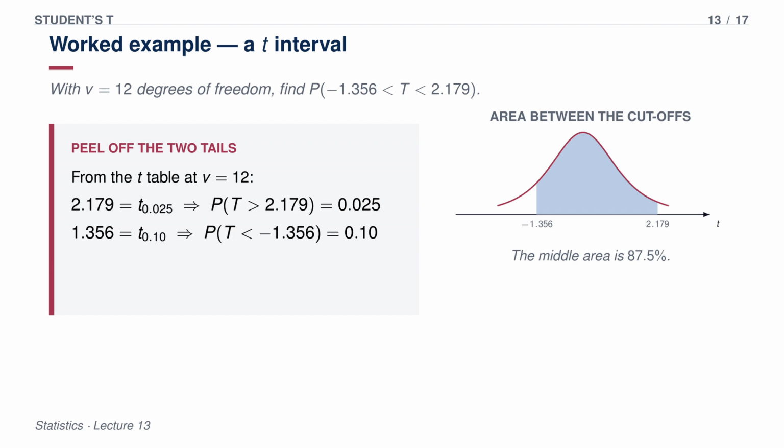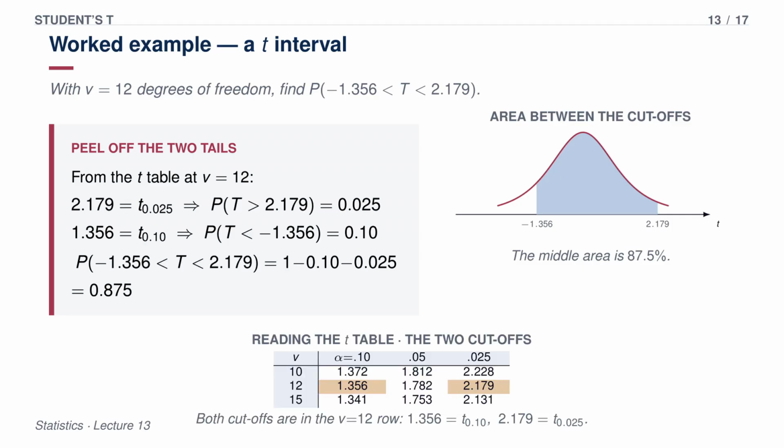And 1.356 is t0.10, so the probability t is below minus 1.356 is 0.10. So the middle is just 1 minus the two tails. 1 minus 0.10 minus 0.025, which is 0.875.